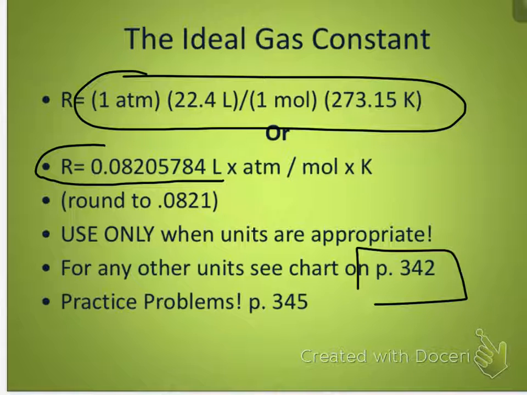Page 342 in your book has a chart of all the ideal gas constants, but what we're going to do is just one practice problem. What this makes really easy is this: if you know that you're producing a certain number of moles of a gas under certain conditions of pressure and temperature, and you have a given volume to occupy, you can calculate what volume it'll be.